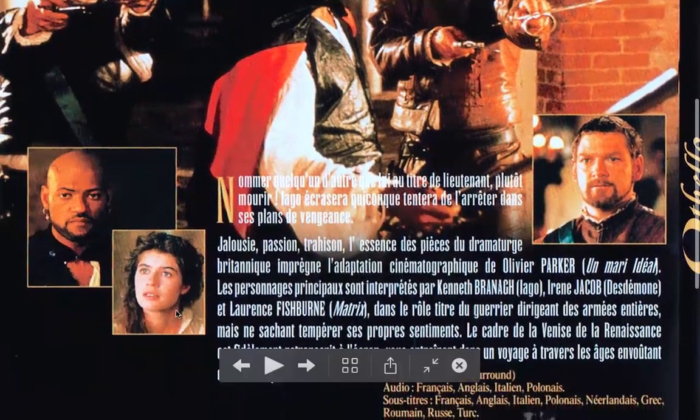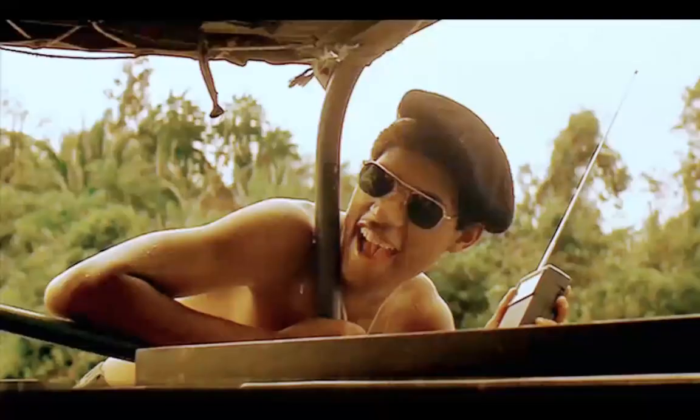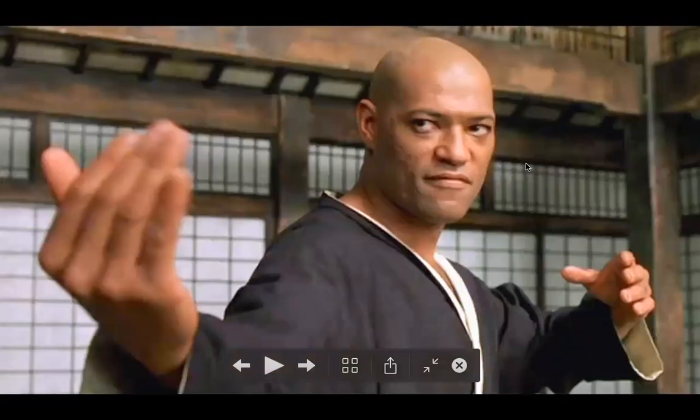And then, of course, Irene Jacobs playing Desdemona. It's a great production. Again, the subtitles use the actual language, and there's Lawrence Fishburne from my favorite film, Apocalypse Now. And here he is, you may remember, in The Matrix. And here he is more recently at an award ceremony.